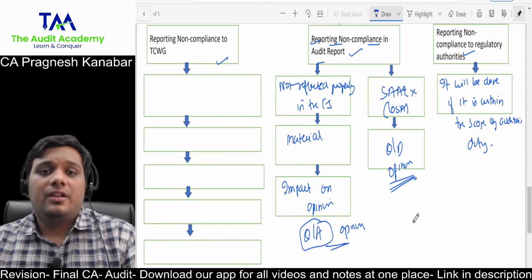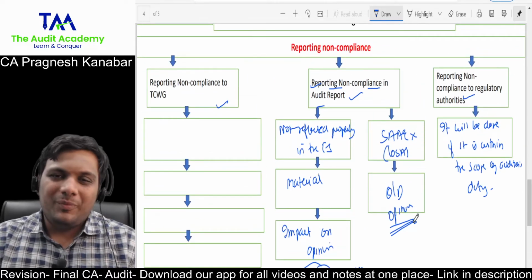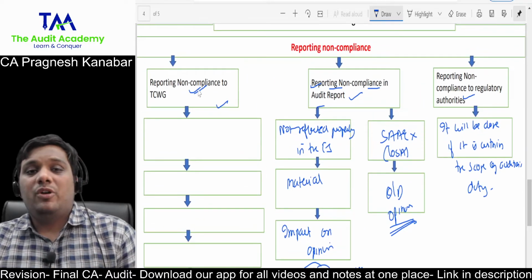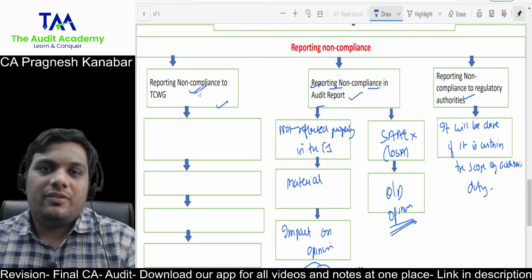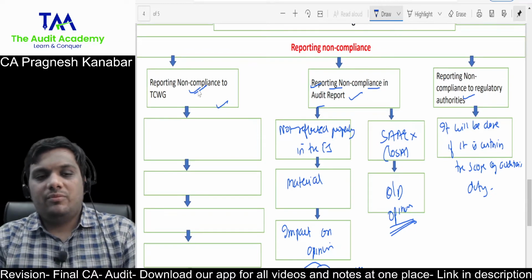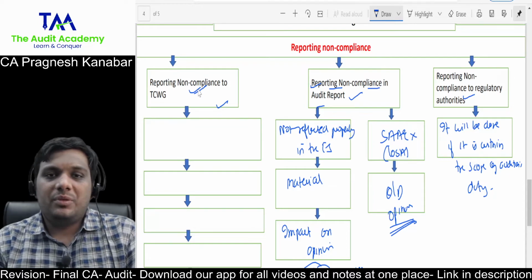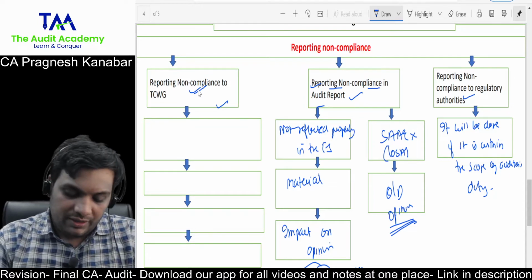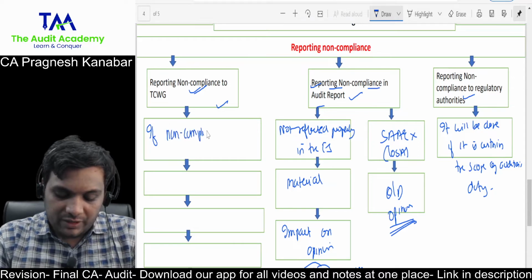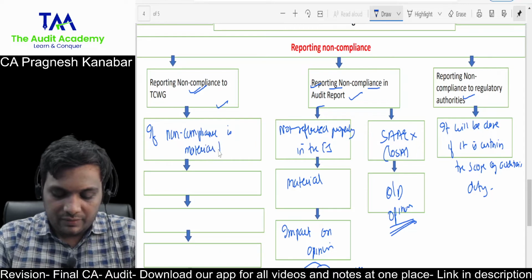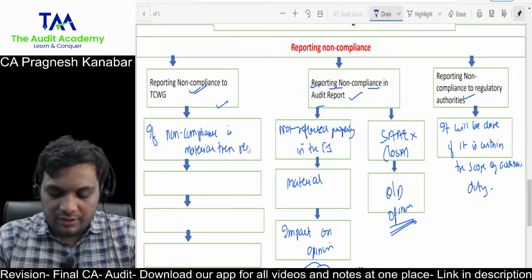But before you go to the audit report, there has to be a separate reporting done to those charged with governance. That is the requirement of this standard, because if it is material, you need to report it to TCWG, because they are the ones who are going to answer to the people. So reporting non-compliance to TCWG, if non-compliance is material, then you need to report it.